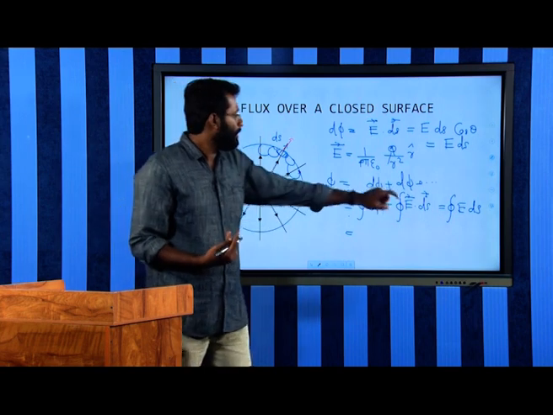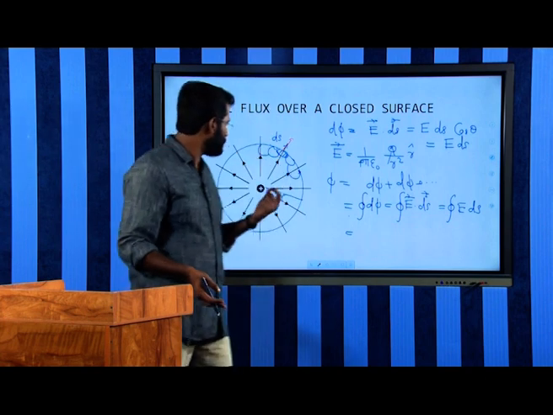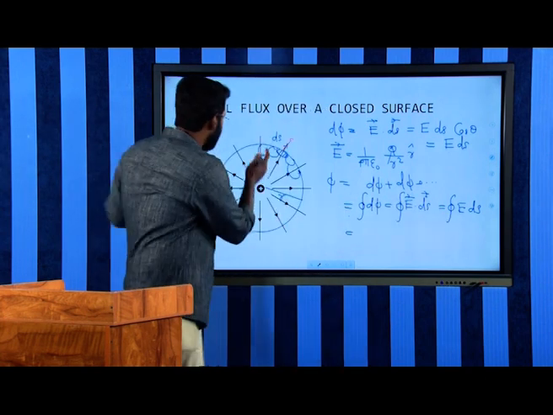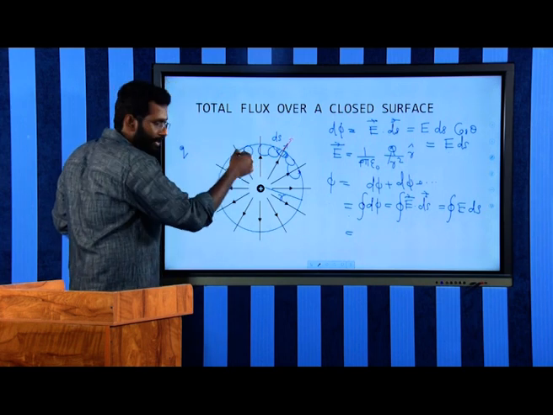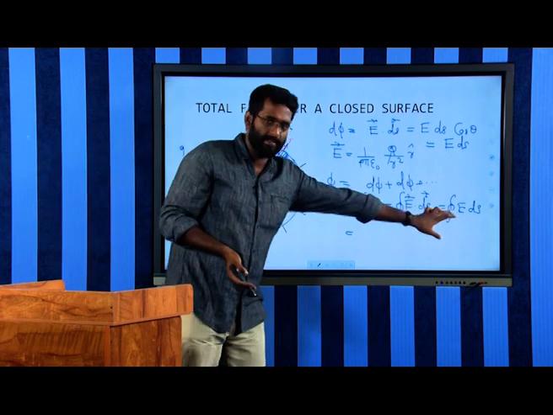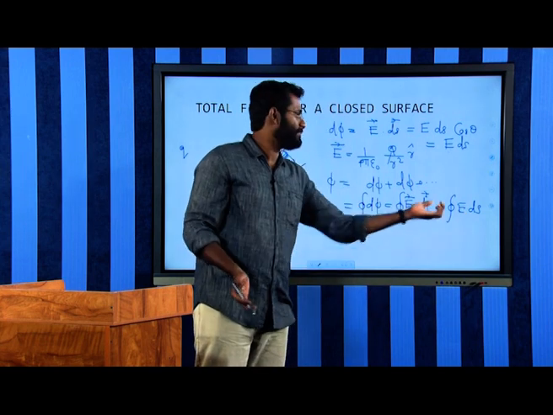Why? We cannot do it always. Here we can take E outside because the magnitude of E at every point on this surface, we are considering this area, this area, each elemental area, but over this entire surface the value of E is a constant. So since it is a constant over the entire surface, we can take it outside.